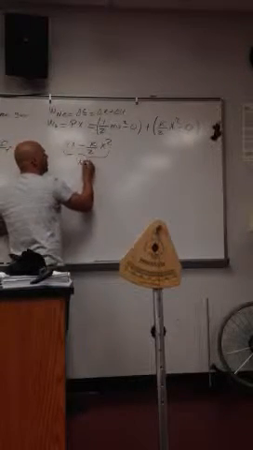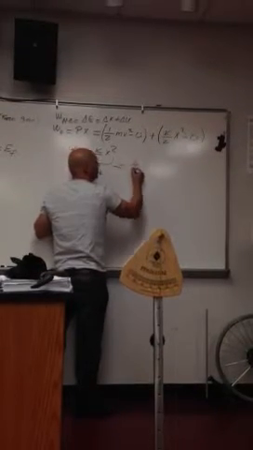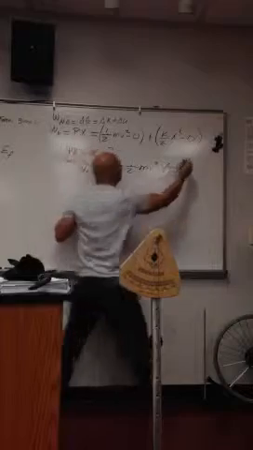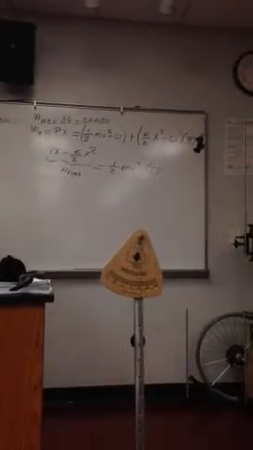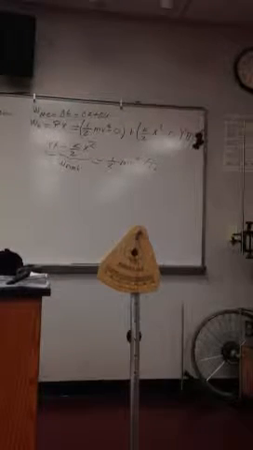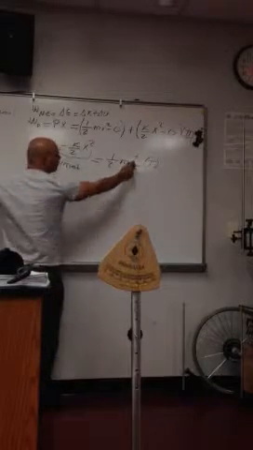This is the work net, and that will be equal to 1/2 mv squared. This is using the first theorem. This is using the second theorem. You can see that they are equivalent, first and second theorem. But anyway, what you need to find is V.